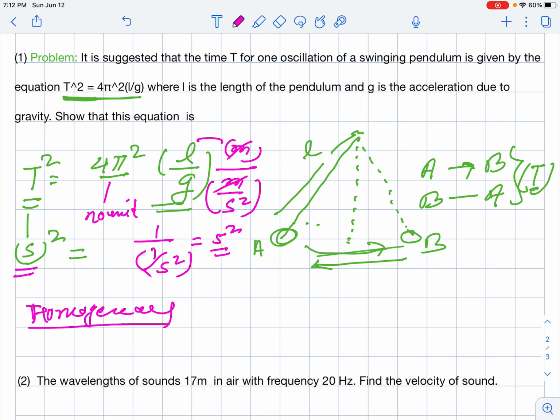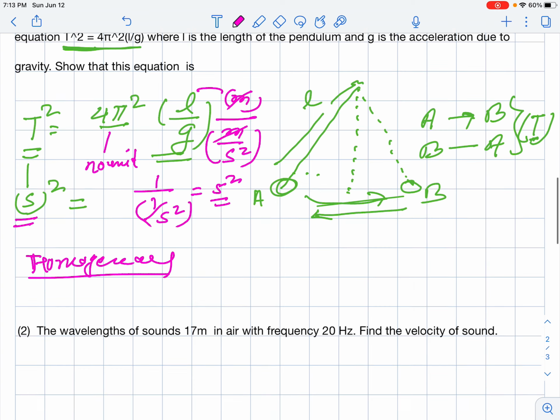You can test different equations by calculating the unit on the left-hand side and the unit on the right-hand side. If they match, we can say that this is a valid physics equation.